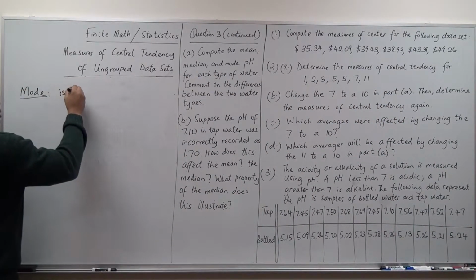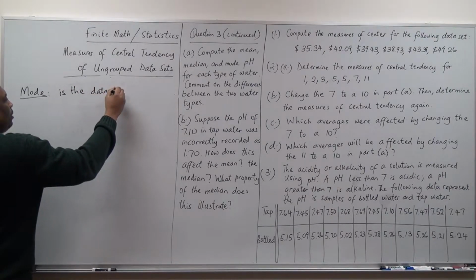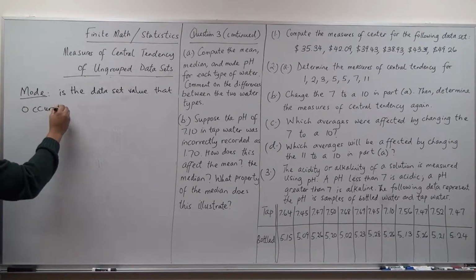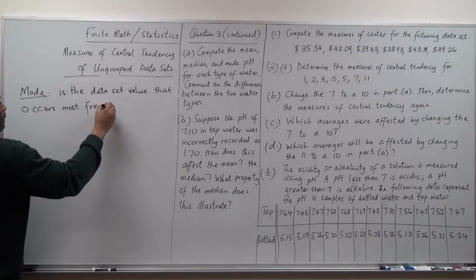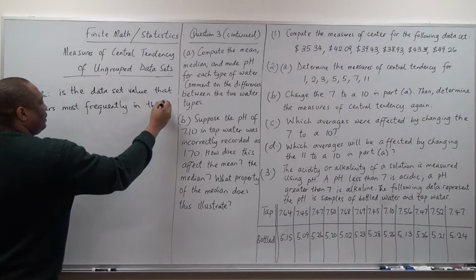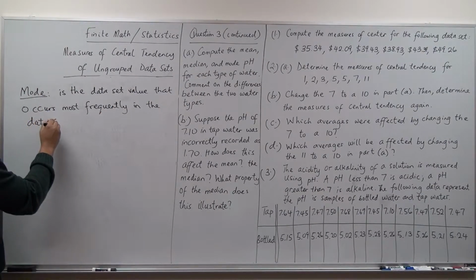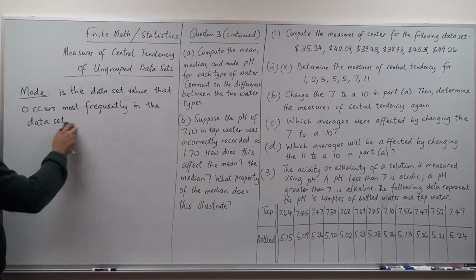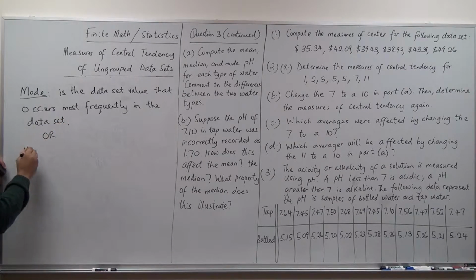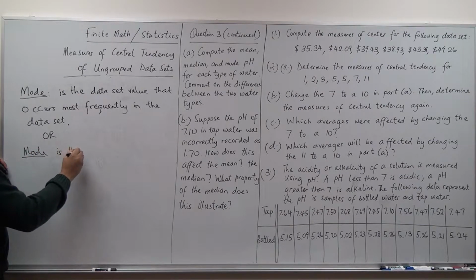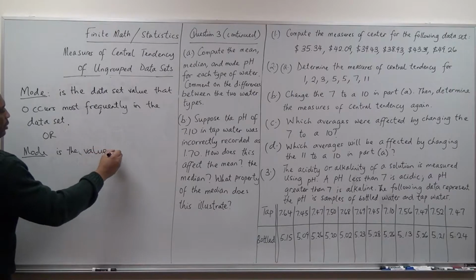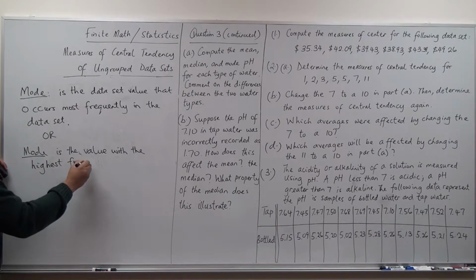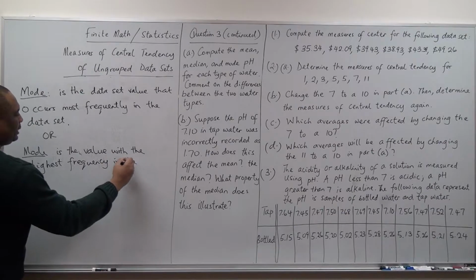It is the data set value that occurs most frequently in the data set, or you can also say that mode is the value with the highest frequency in the data set.